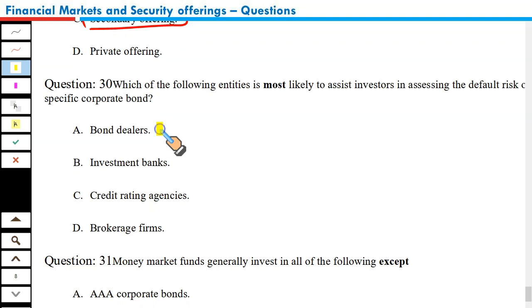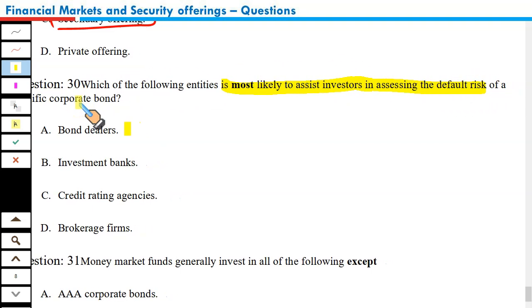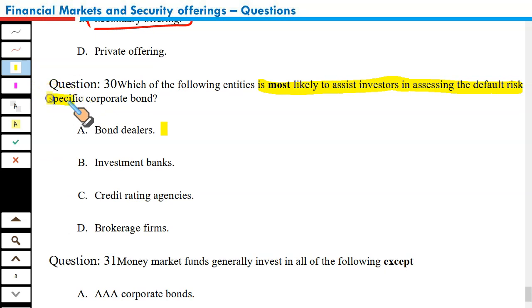All right, which of the following entities is most likely to assist investors in assessing the default risk of a specific bond? Which of these market participants will tell you that this bond is going to default? Bond dealers, they will tell you every bond is good, buy, buy, buy.